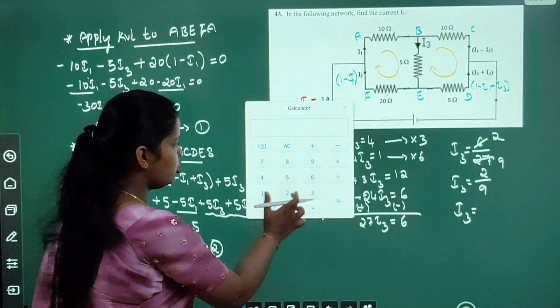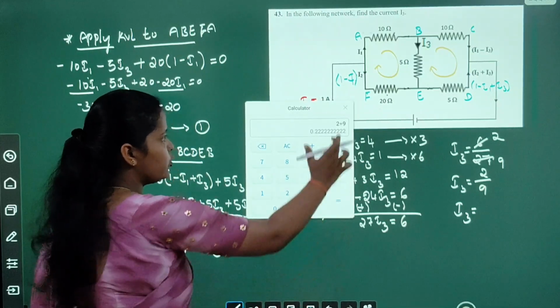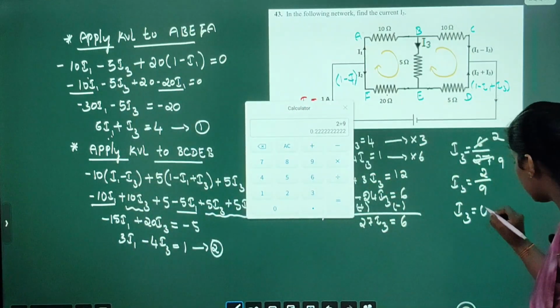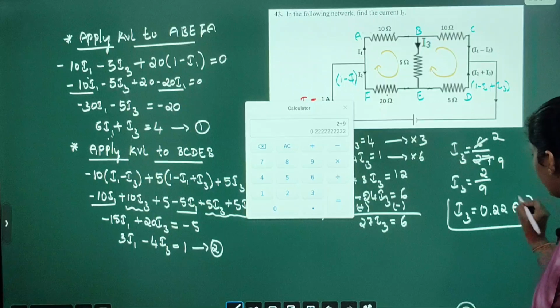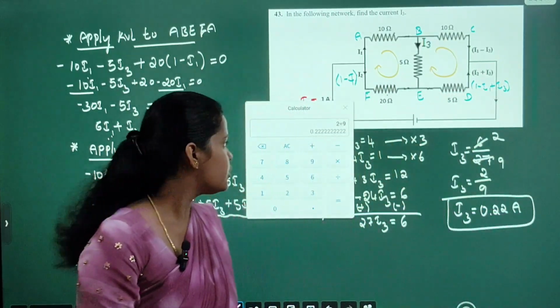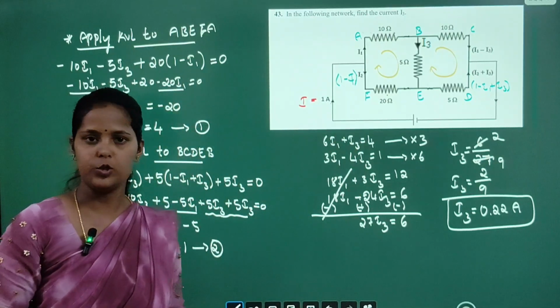It is 0.22, that is the answer. The answer for this question is 0.22 ampere of current flowing in this circuit. So this is the method to solve circuit type numericals.